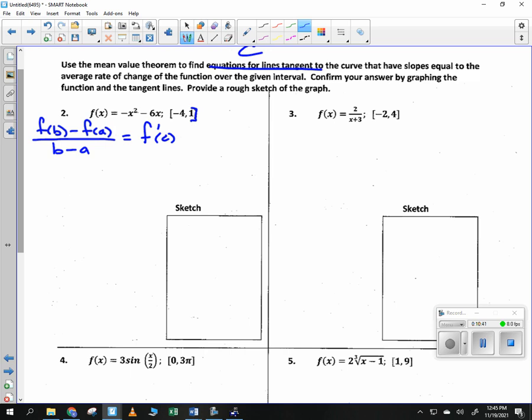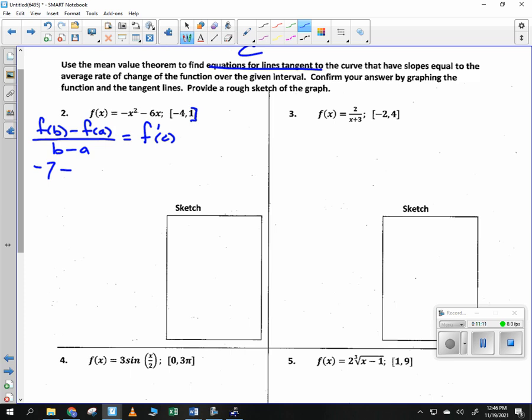Is everybody ready? Okay. So F of B. What do I do to come up with F of B? Plug in what? What's my B value up here? 1. So I plug in 1. 1 squared is 1. Make it negative. Negative 1. Minus 6 would be negative 7. Minus. How do I come up with F of A? I plug in the negative 4.